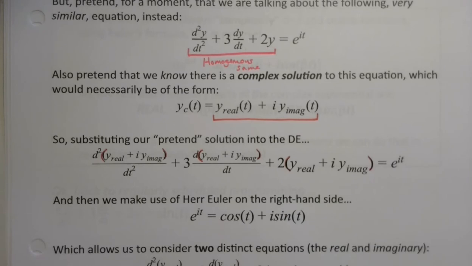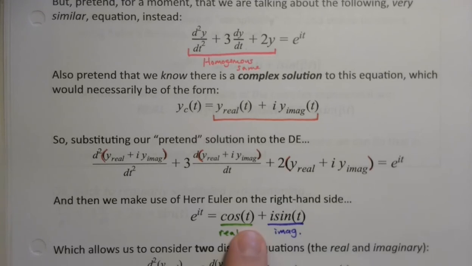And so I'm going to use color coding here to, in the future, talk about the real part being in the green and the imaginary part being in this light purple here. There's a real part, there's an imaginary part, and they always take the form of cosine associated with the real and sine associated with the imaginary.